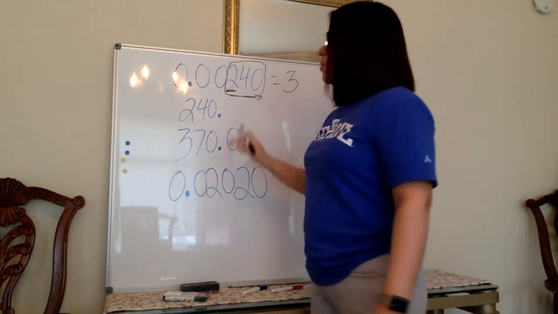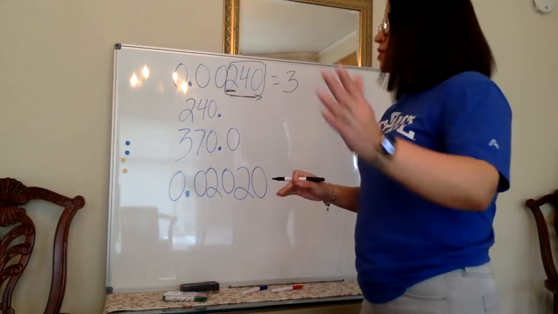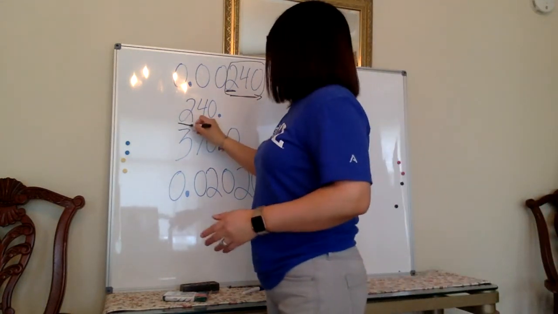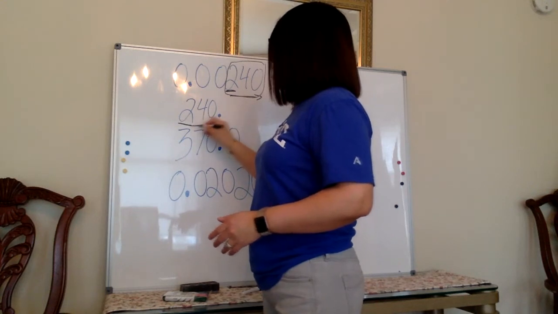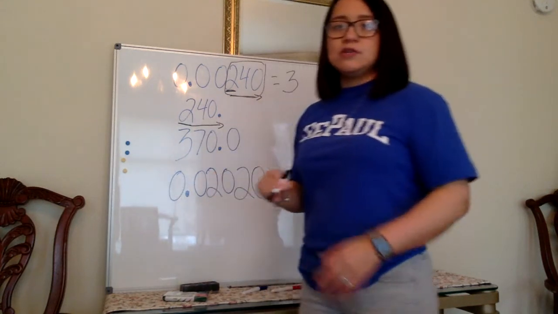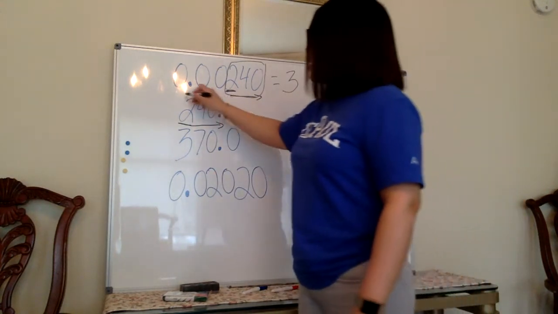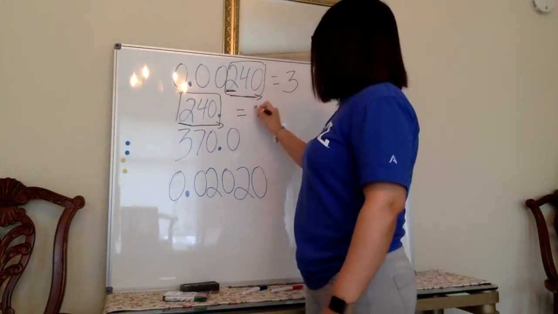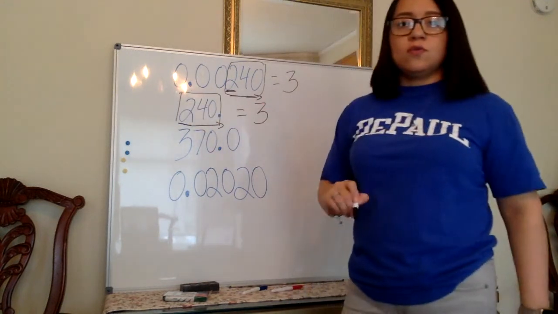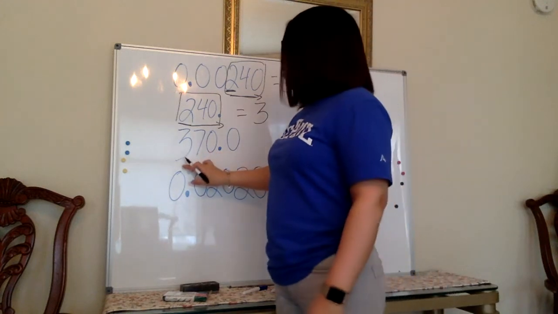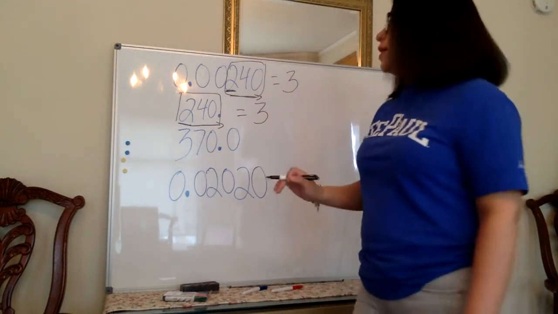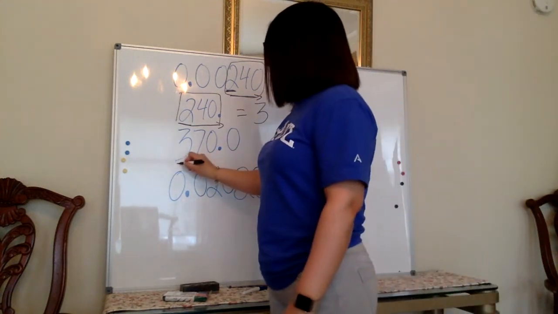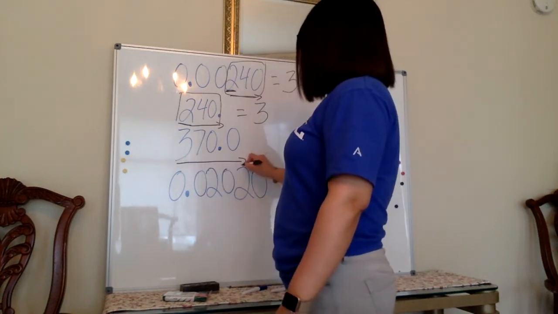Let's count the next one. Again, we start with the first non-zero number from left to right. That's 2. And we count till the very end because there is a decimal present. How many significant digits do we see here? Also 3. Next one, 370.0. Again, we count from the first non-zero number, which is 3, till the very end.